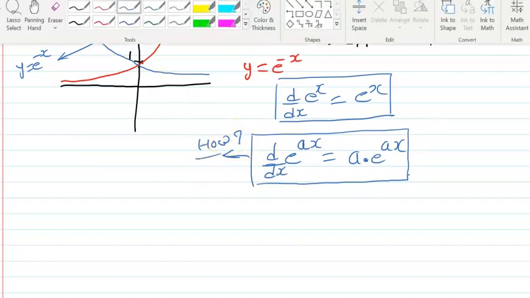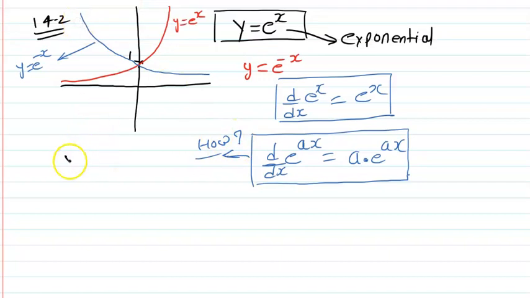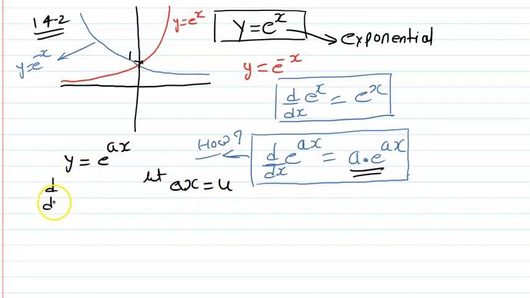So see, first of all, let y equal e to the power ax. And we are learning how we got a e to the power ax. Suppose we let ax be u. Then we need to differentiate with respect to x on both sides.